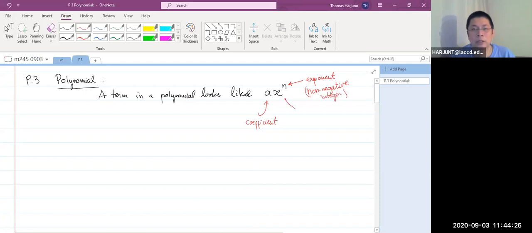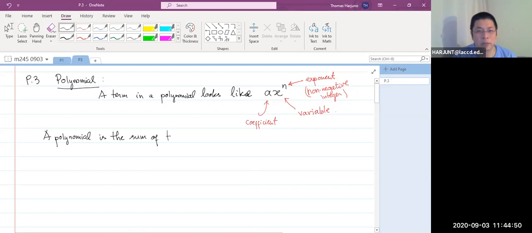Okay. This x here, we call that variable. Now, a polynomial is the sum of terms like that.